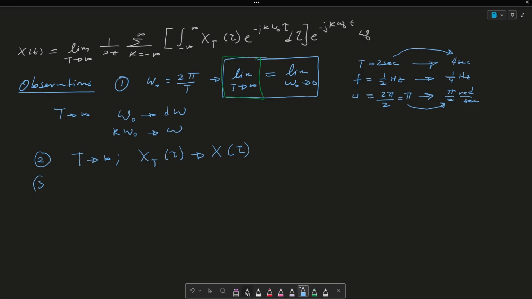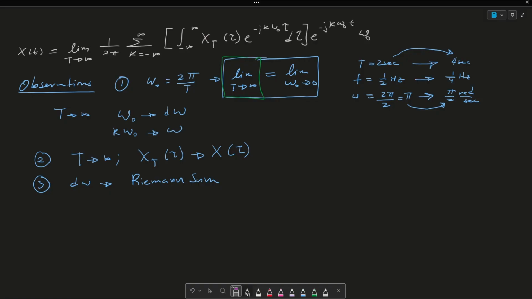And lastly, the third observation is, since the spacing is now extremely small, so this d omega, or delta omega, we can use what we consider the Riemann sum. And again, this is a calculus 1 type of topic, which says that if we sum up an infinite number of infinitely thin slices, the sum naturally evolves into an integral.